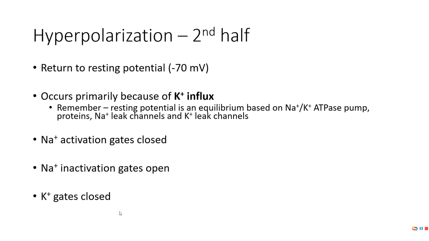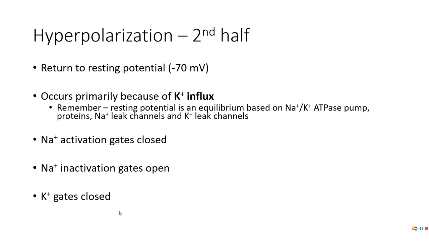Because there are so many more leak channels, potassium actually comes back in. The activation gate remains closed, the inactivation gate is open, and the potassium voltage-gated channel remains closed. So this is potassium influx, helping us get back to our resting potential. And that is an action potential.